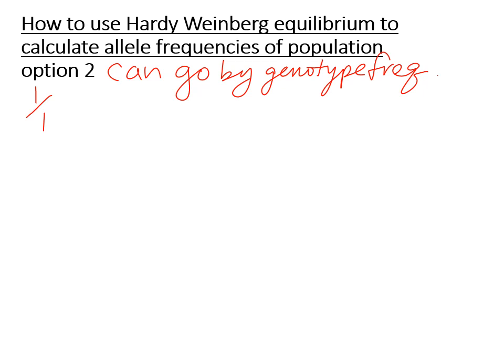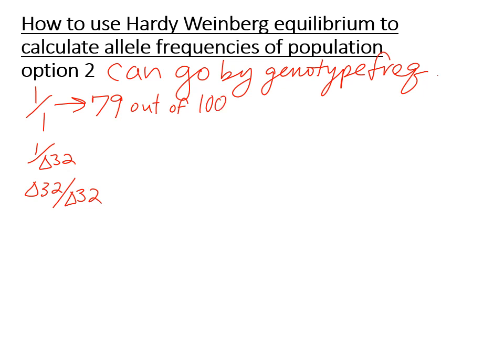There's the 1-1, the 1 delta 32, and the delta 32, delta 32 genotype. The first genotype, 1-1, we said that the frequency was 79 out of 100 individuals.